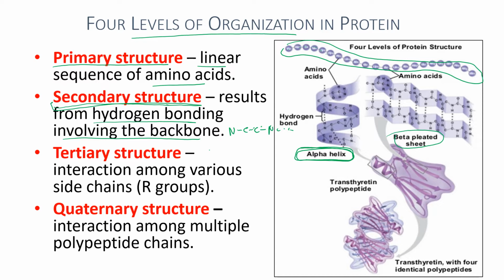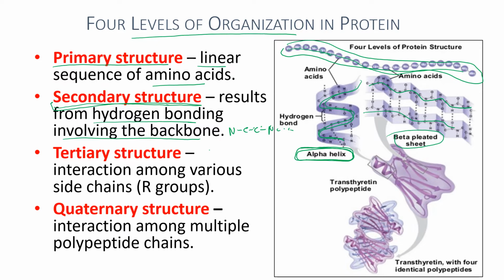So alpha helix, it is coiled. This linear chain of polypeptide, to become secondary, can be coiled into a helical structure, or folded into beta pleated sheets.